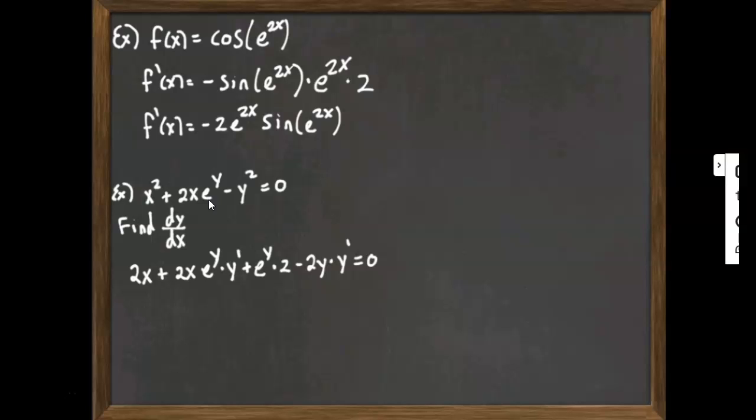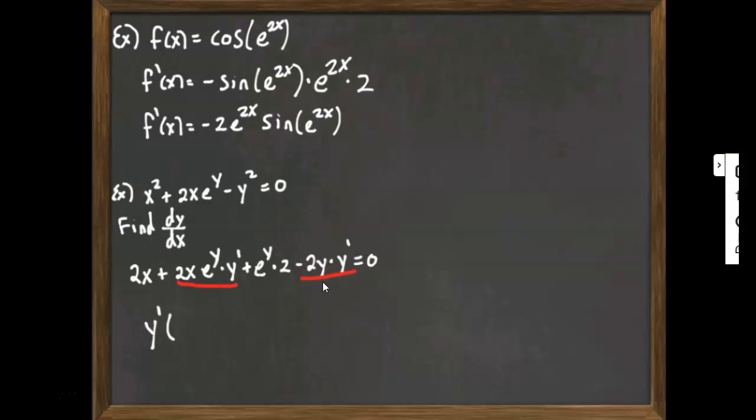So first things first, I'm going to notice that both of these pieces have a y prime in them. So I'm going to keep them on the left-hand side. Take everything else, the 2x and the 2e to the y, move that over to the other side. And so as I'm doing that, these two terms have a y prime in each of them, so we're going to factor out the y prime.